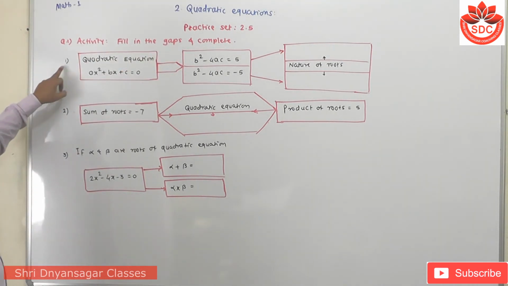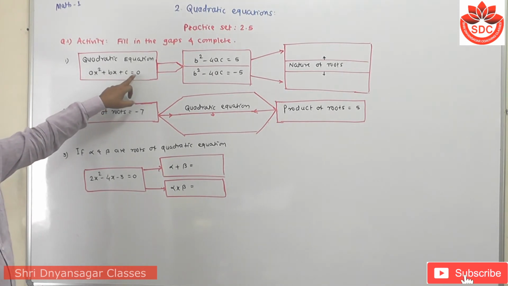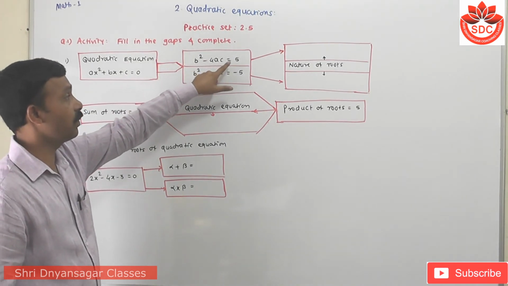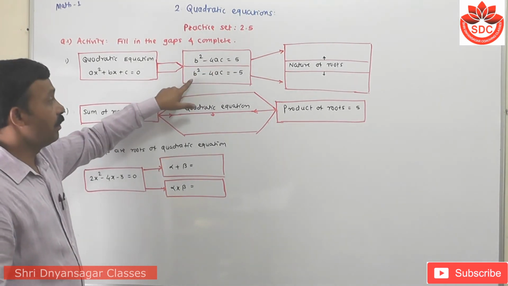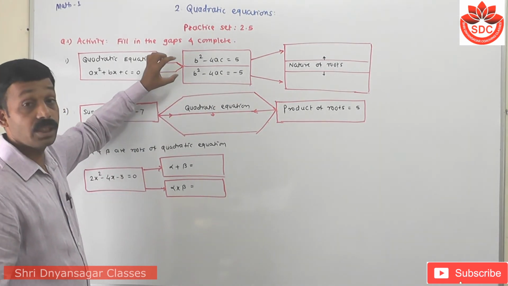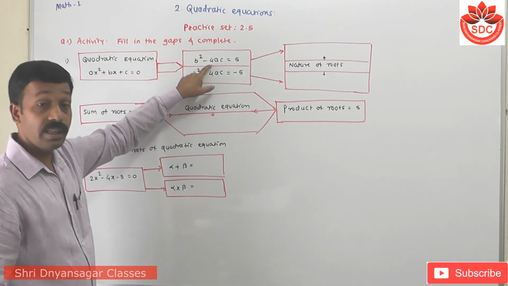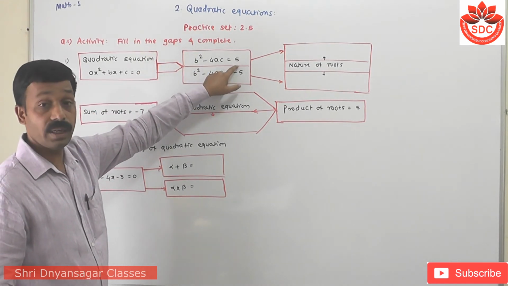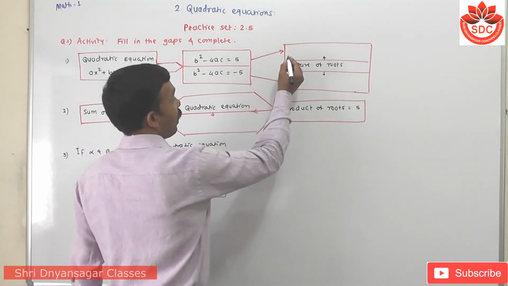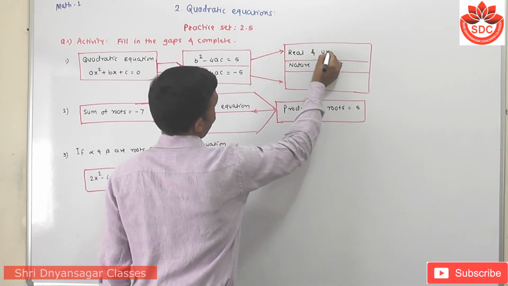Now the first quadratic equation is given, ax square plus bx plus c is equals to 0. Student, here in the first box b square minus 4ac is 5 and in the second, b square minus 4ac is equals to minus 5. Means that the value of the discriminant is given, that is delta. All of you know that if delta is greater than 0, and this 5 is greater than 0, at that time the nature of the roots is real and unequal.